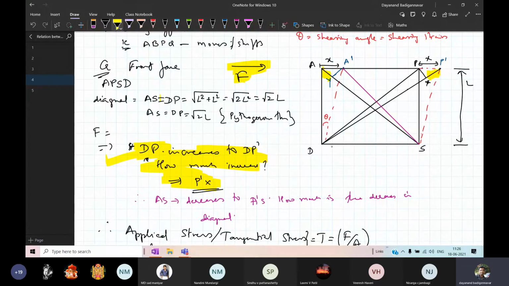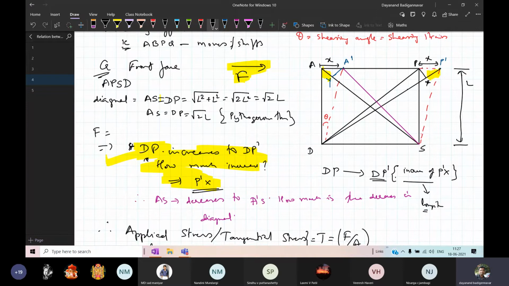The length of the diagonal was dp. Now the new length is dp dash. So there is an increase of the diagonal length by P dash X. This much length has been increased. Therefore, I can define the longitudinal strain here.